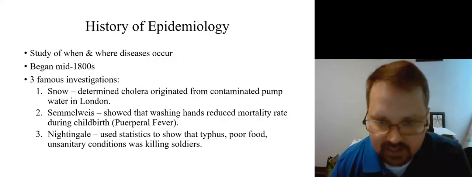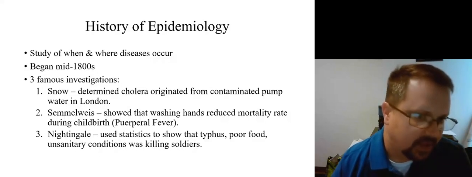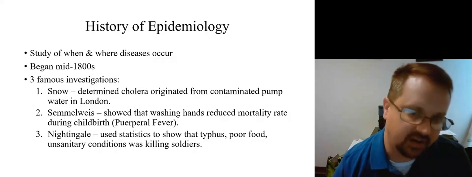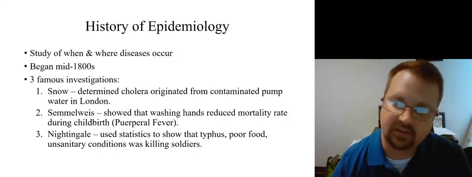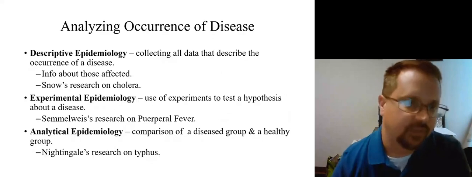If you wash your hands then you're less likely to have women dying of puerperal fever. Nightingale used statistics to show that typhus, poor food, and unsanitary conditions were actually killing the soldiers, making them sick. Florence Nightingale, famous nurse.